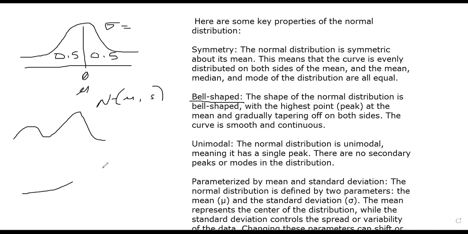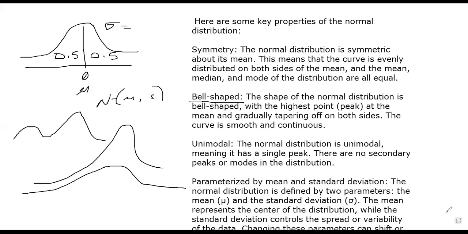If you have a bigger spread like this, the standard deviation is bigger. If the height, which is the kurtosis, is small, the spread is bigger. These are some of the properties of a normal distribution. Of course, there are several others that I can simply add on for your own knowledge.